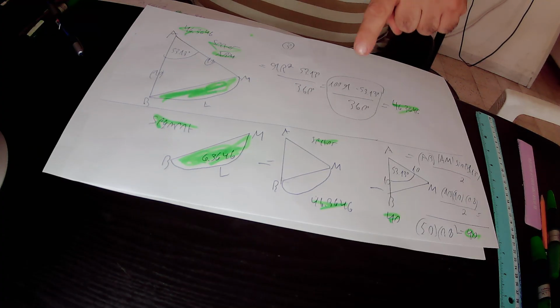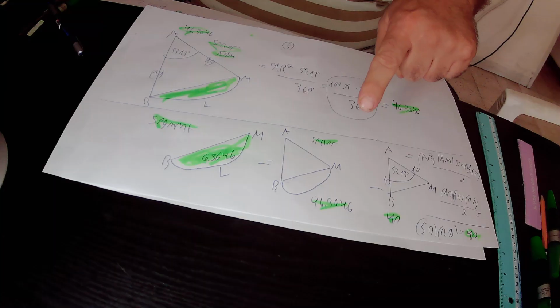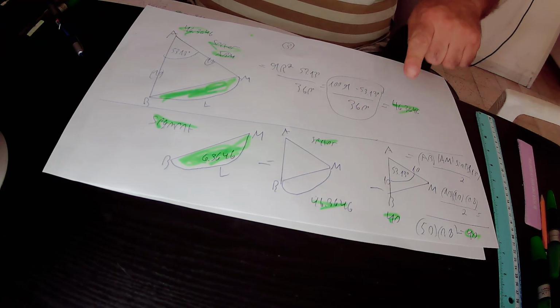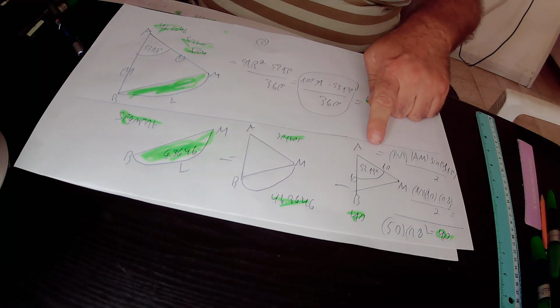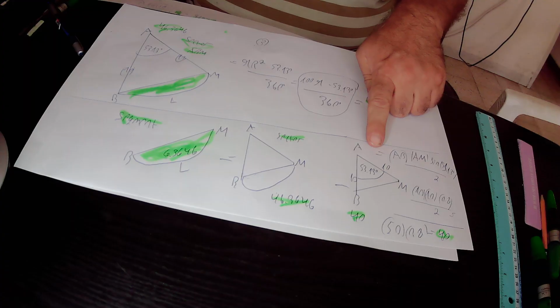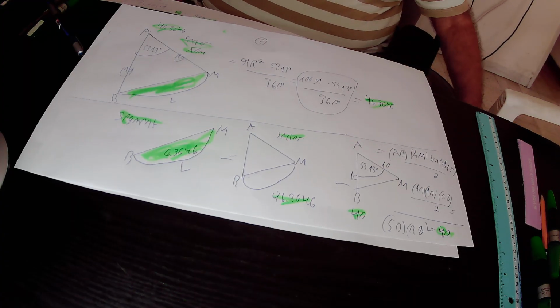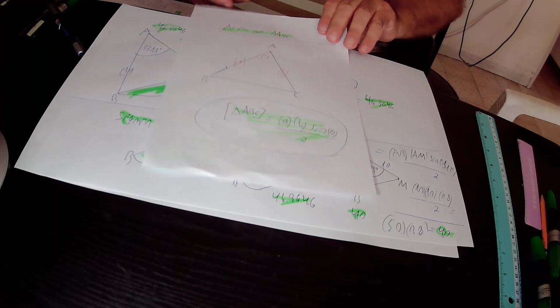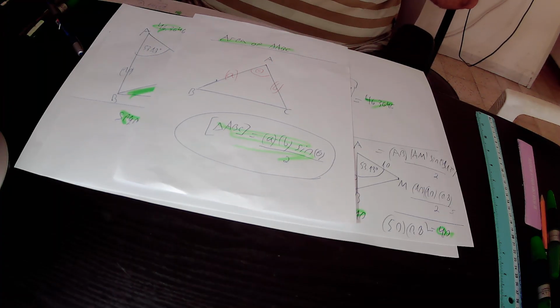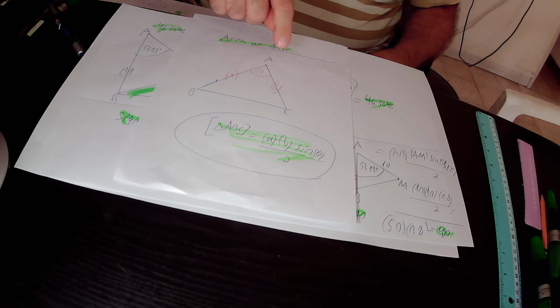We already found that the area of sector ABM equals 46.3646 square units, minus the area of triangle ABM. In order to find the area of triangle ABM, I present a new formula that will help us find the area of any triangle. This is triangle ABC, which could be any triangle. Side AB equals a units in length, side AC equals b units in length, and the angle between side AB and side AC is theta.